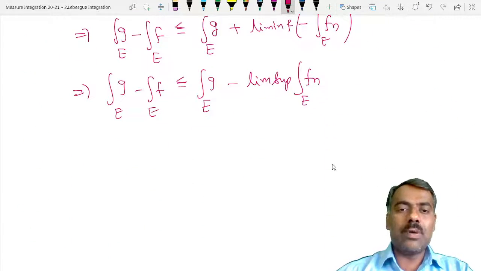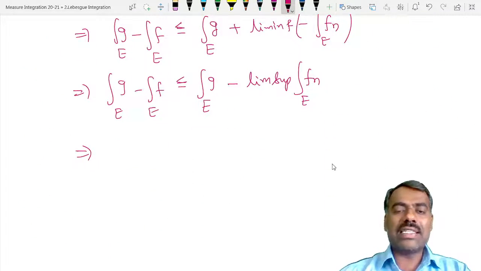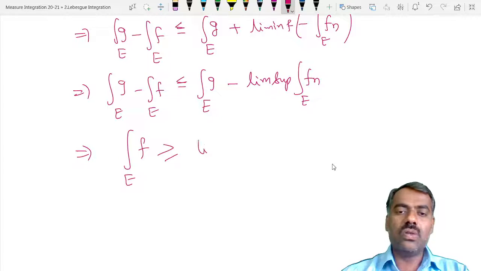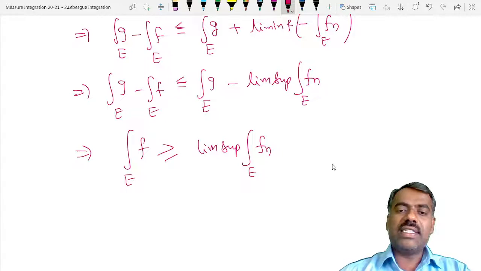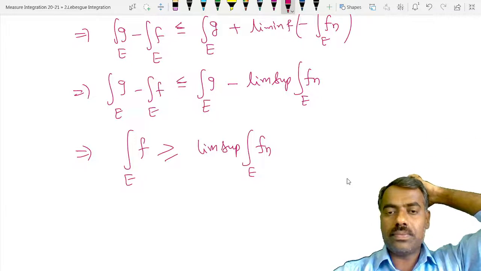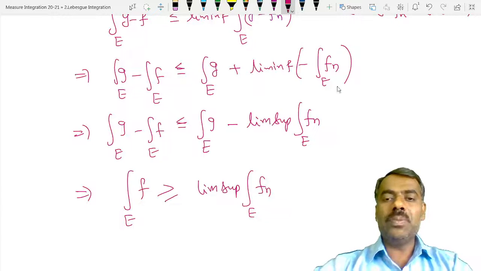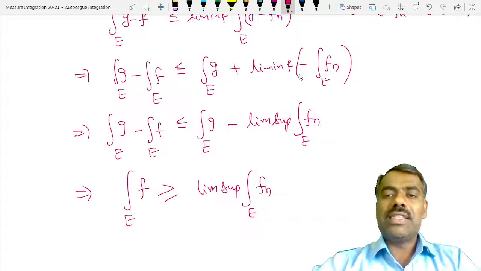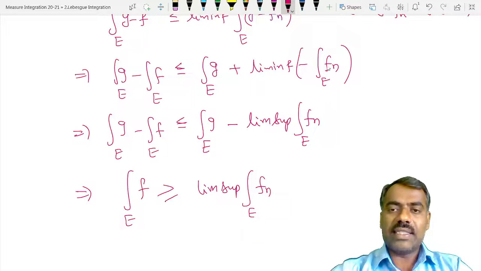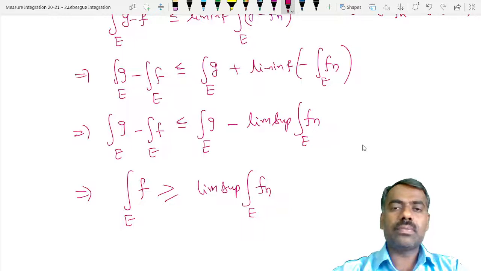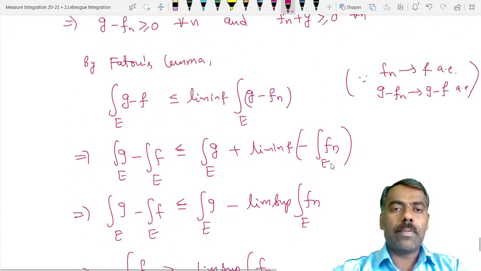So we can cancel both sides, and if you cancel the minus, what does this inequality become? The integral of f over E is greater than or equal to the lim sup of the integral of fn over E. Is this step clear, everyone? Yes or no? How is lim inf changed to lim sup? Because lim inf of minus of a set is there. Yes or no? Are you there? Yes. Okay.